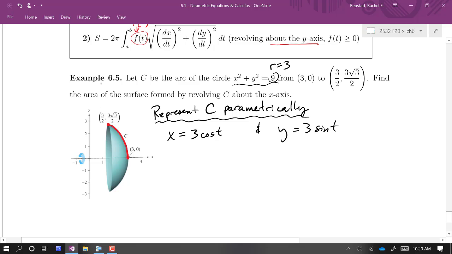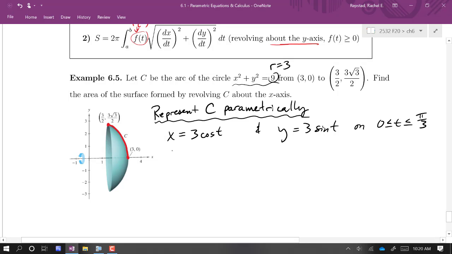And we're looking at this curve, let's see, starting at 0, and if we get to 3/2, that's 3 times 1/2, and cosine is equal to 1/2 at pi over 3. So now we have the parametric equations and the interval.